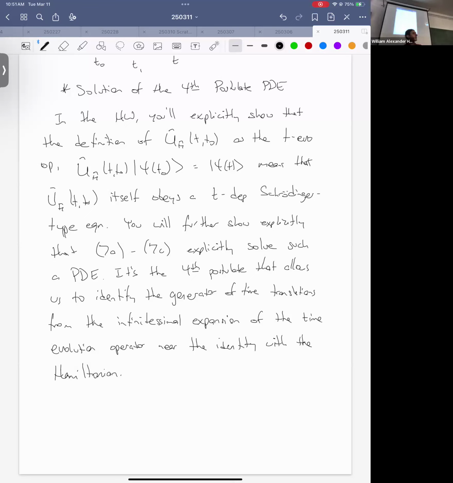However, we are not elevating time to an operator. So even though you can think about time as an operator with a canonically conjugate momentum, which is the Hamiltonian, and then you can apply straightforwardly the direct quantization condition, the commutator of T hat with the Hamiltonian is i.